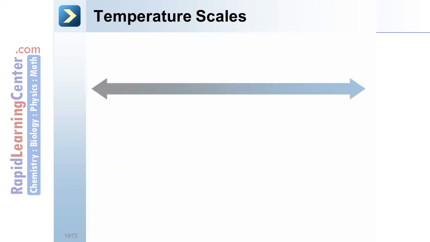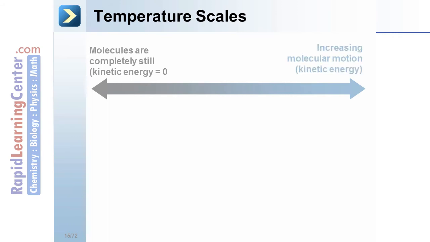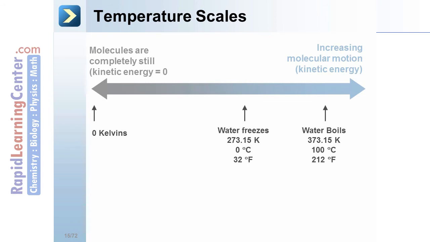Temperature scales. Here's a continuum. On one end, molecules are completely still with absolutely no kinetic energy. On the far end, with high temperature, they have great kinetic energy. So on our far left end, we have 0 kelvins, water freezing somewhere in between, and on the high end, boiling water, or possibly even hotter.